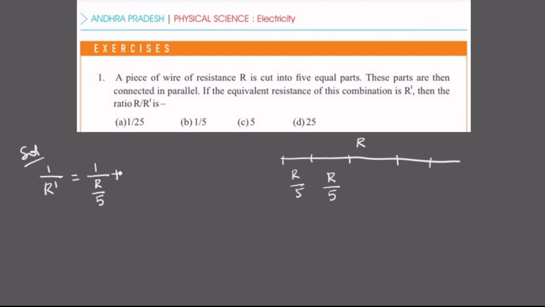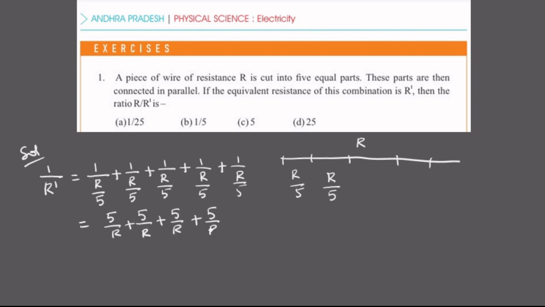So if we write all the 5 resistances like this, now this equation can be written as 5 by R plus 5 by R plus 5 by R plus 5 by R plus 5 by R.